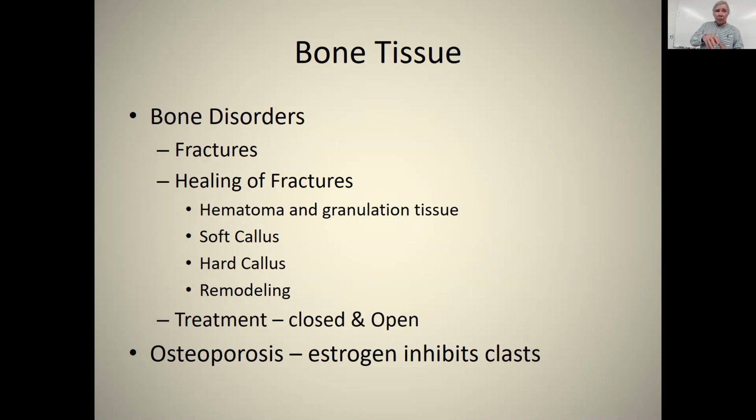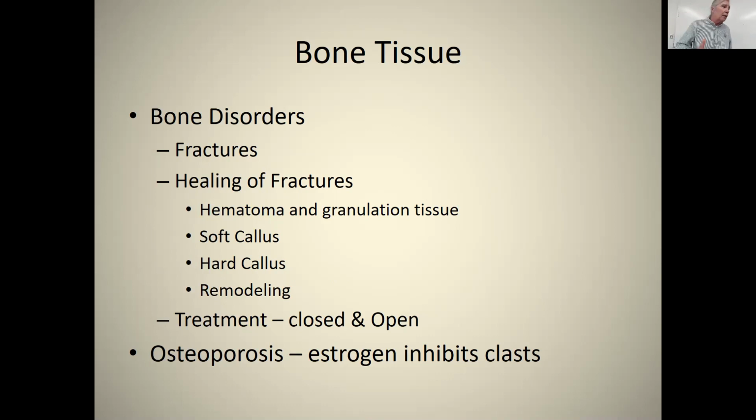You have a soft callus that's really like cartilage forming, and then a hard callus of that cartilage ossifying, and then you remodel it, and it ends up coming back good as new if it's set properly. Fractures can be closed or open. Closed is when you break a bone and it stays inside your body. Open fractures are when the bone actually breaks the surface of the skin. That's a little more dangerous. Those are much worse fractures.